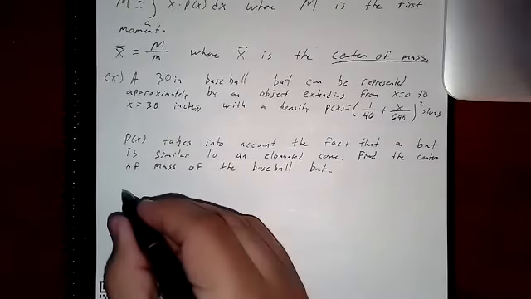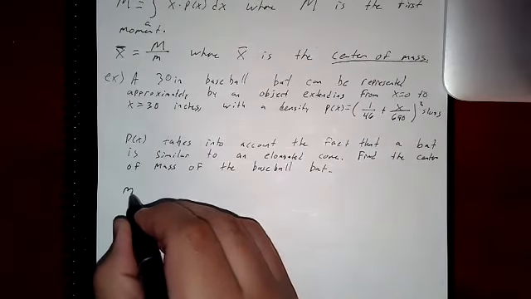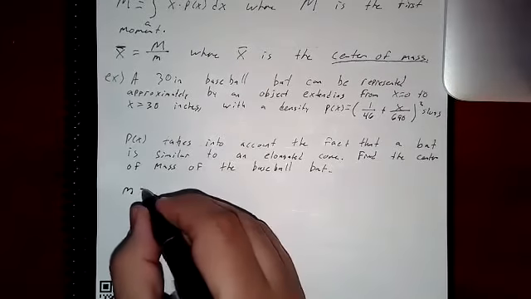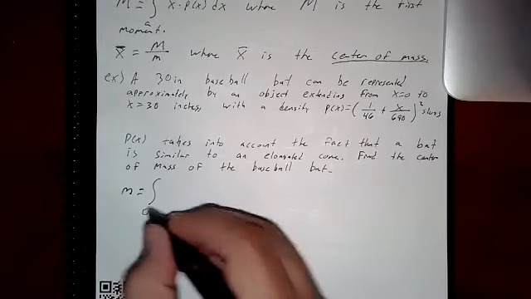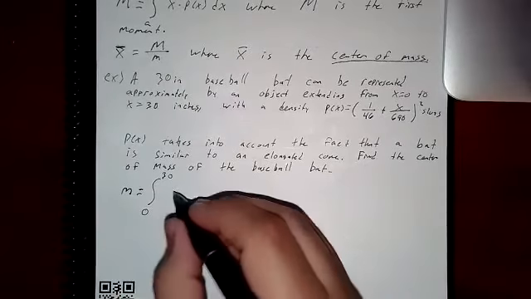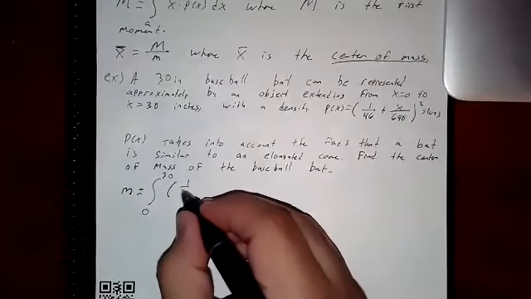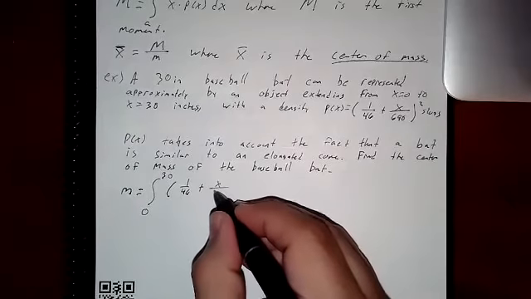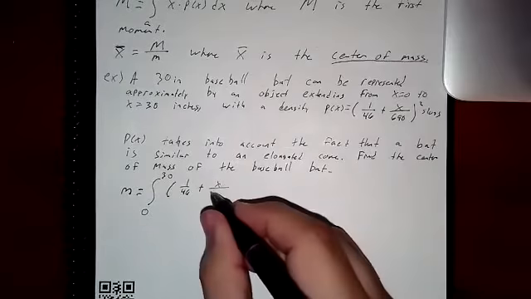So the integral for little m is the integral from 0 to 30 of the p of x function, and that's 690 right there.